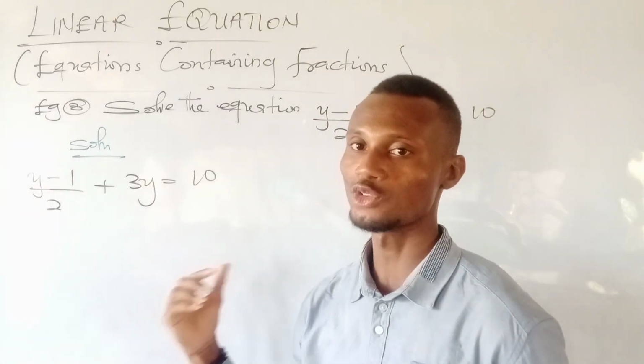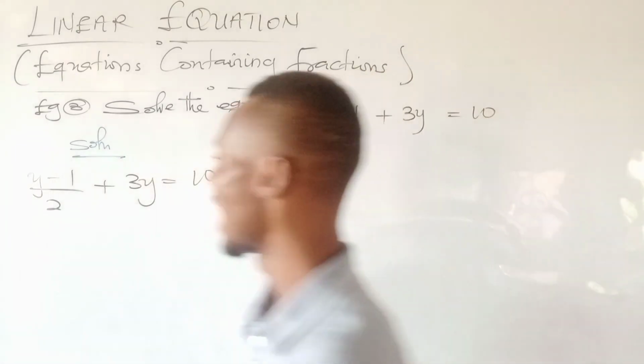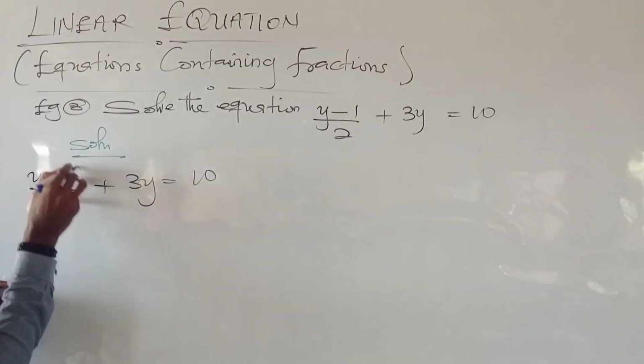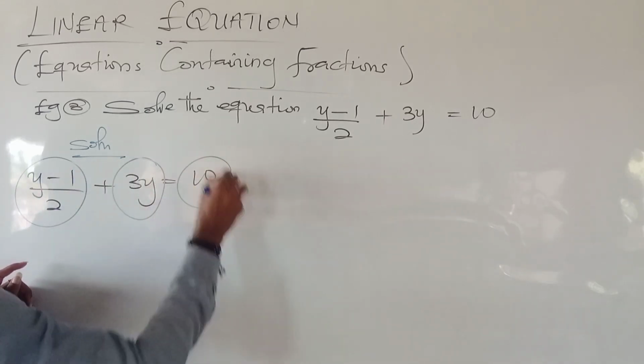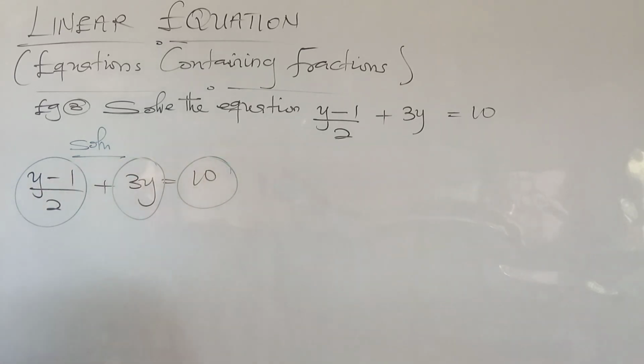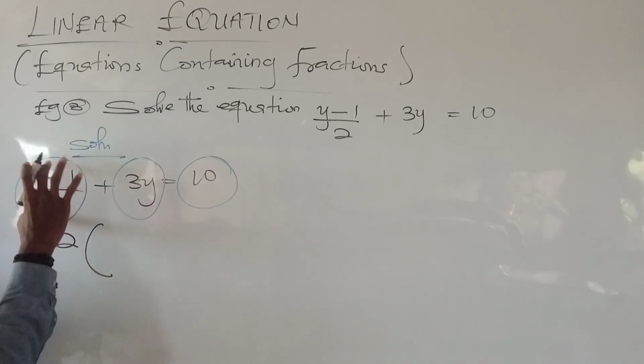We are going to multiply each term by the LCM, which is 2. I'm going to multiply this term by the LCM, this also by the LCM, and this also by the LCM. So the LCM is 2, as I've already said, so 2 times this first term.